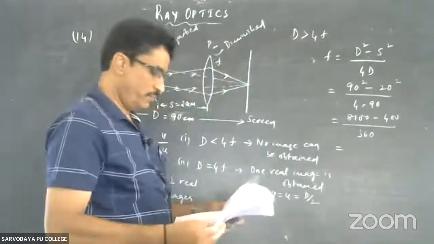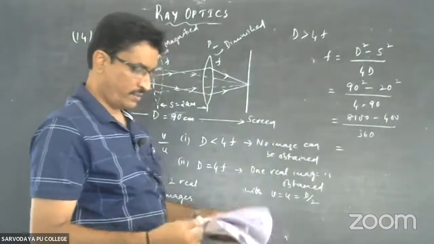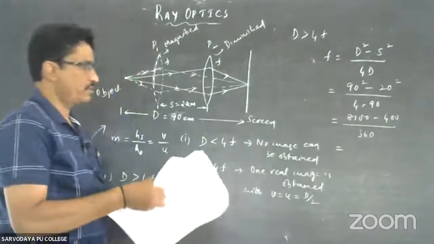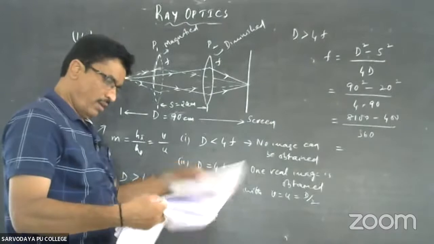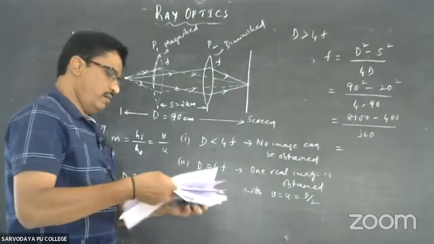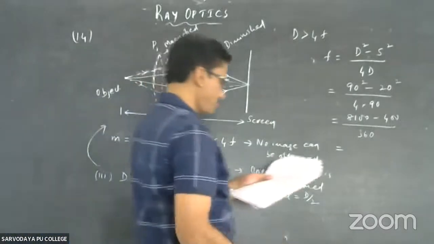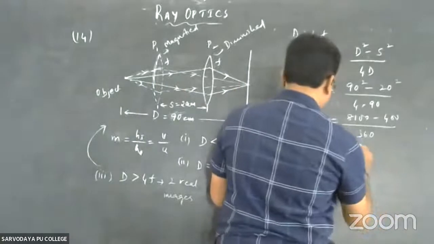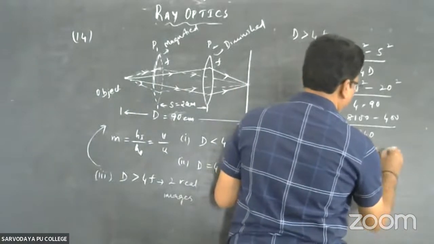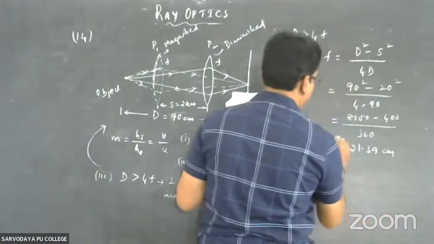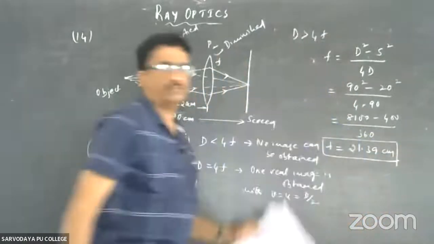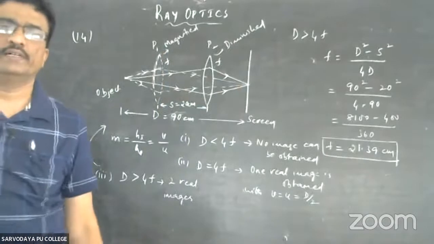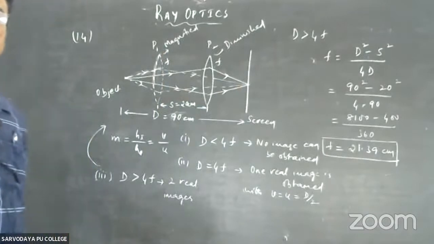Therefore, on simplification, it will be 21.39 centimeter. The f value is 21.39 centimeter.